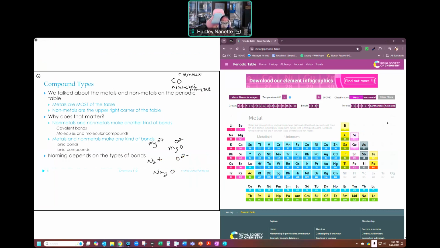So our metal to nonmetal bonds, those ionic bonds and the ionic compounds, we need to be concerned about the overall charge on those molecules. So as long as it's an ionic compound, it should be neutral. Now, if it's a polyatomic ion, it may have an overall charge. That's true.